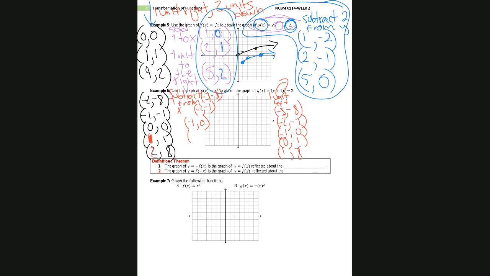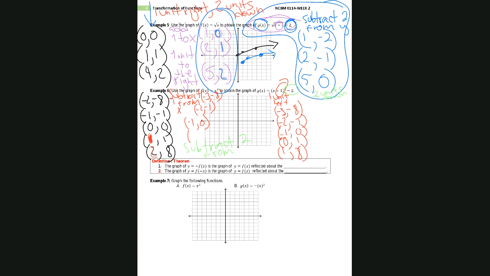Okay, now let's go ahead and do the vertical shift, and that will be moving 2 units down. So because of that, we need to subtract 2 from every y.